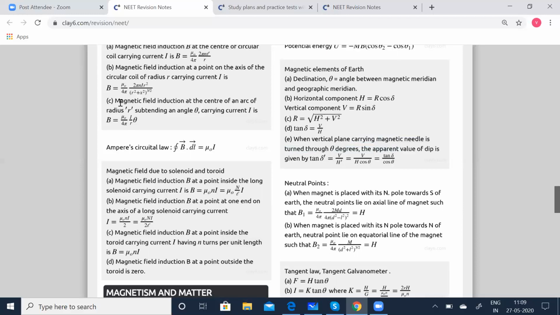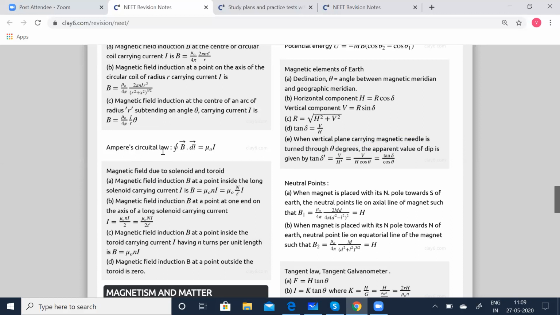And the magnetic field induction at the center of an arc of radius R subtending an angle theta, carrying current I, is given by B is equal to mu 0 by 4 pi I by R into theta. If theta is not small, you can directly take it as theta.